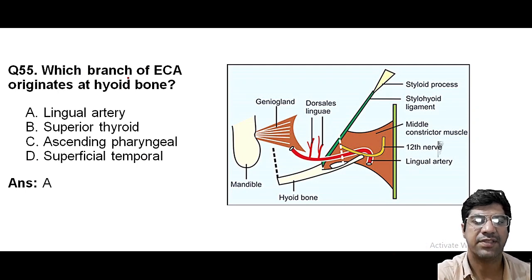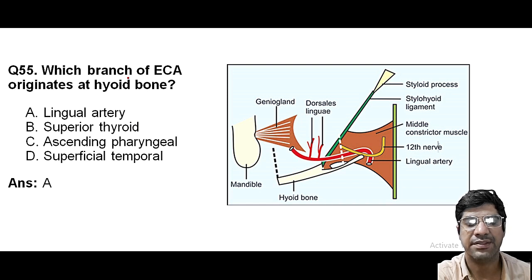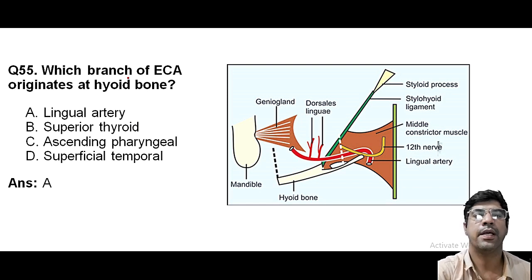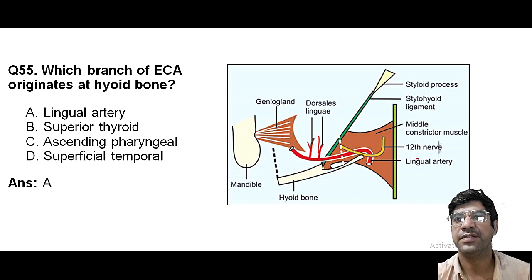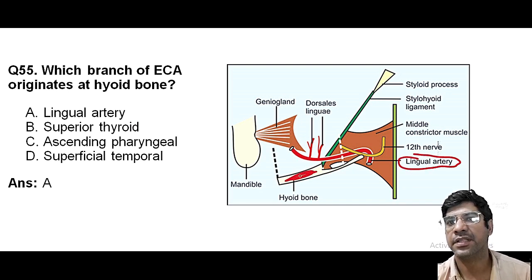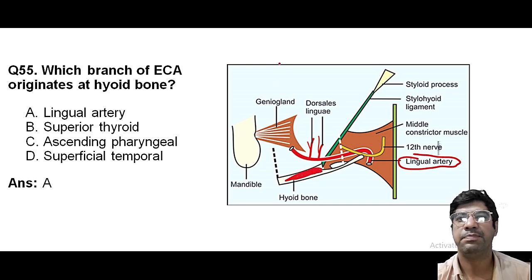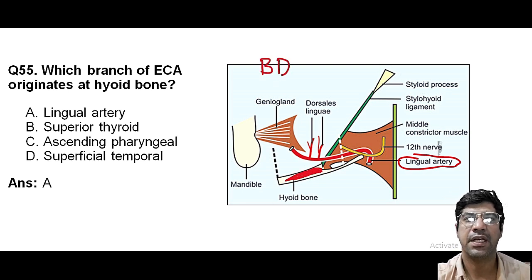Which branch of the external carotid artery originates at the hyoid bone? The answer is the lingual artery. As you can see clearly in the picture, this one is the lingual artery and this one is the hyoid bone. This picture is from BD Chaurasia. Please follow these standard textbooks.